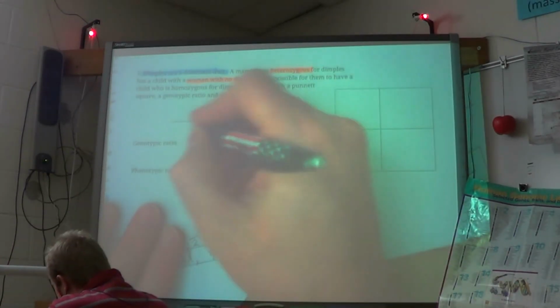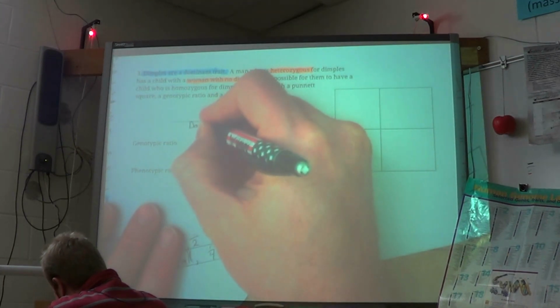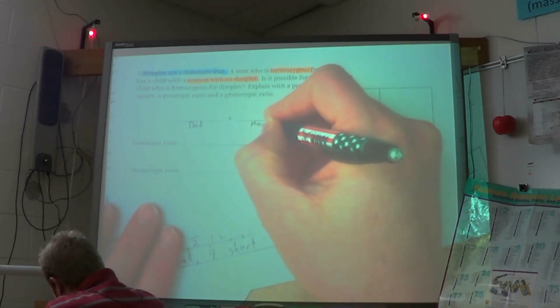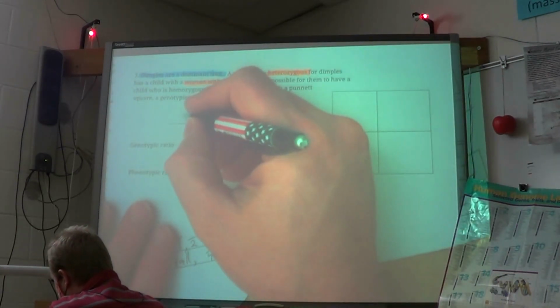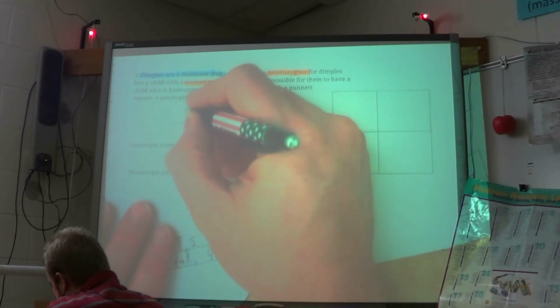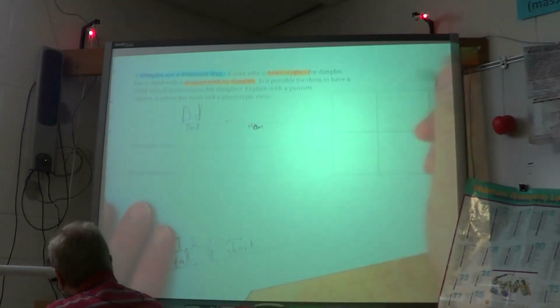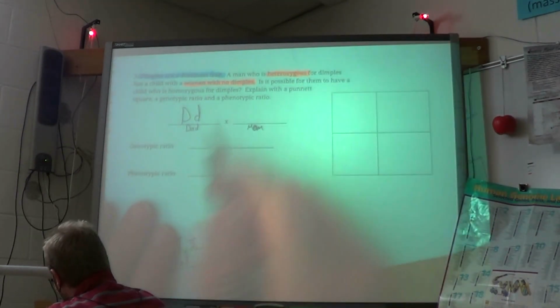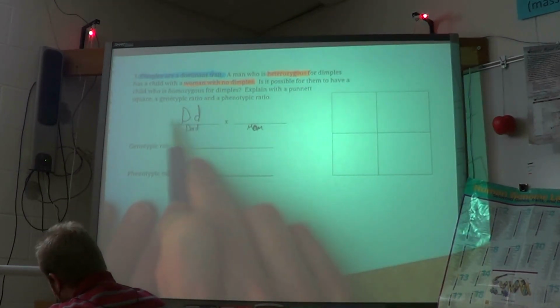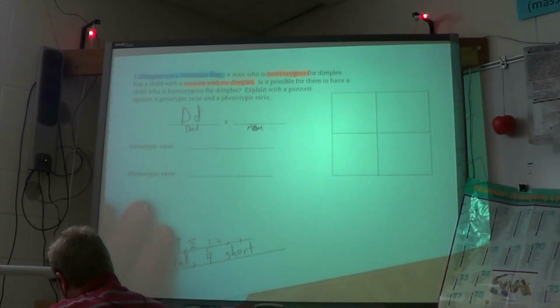If dad is heterozygous, what does dad's genotype have to be? Big D, little d, right? Because hetero means different, and those are different, uppercase versus lowercase.